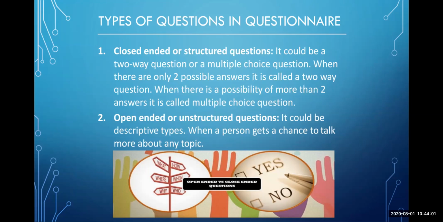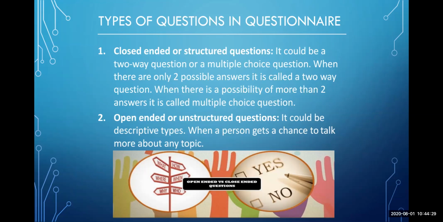So I may ask you either two-way questions or MCQs, which have multiple options. So when we say close-ended or structured question, it means these are the options given to the respondent and they have to choose one option out of them. We are not giving any open-ended question. They have to choose from the selected options.